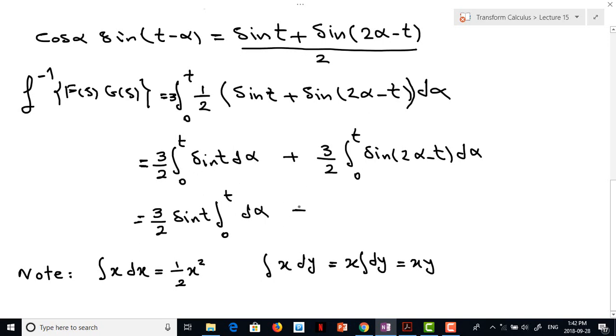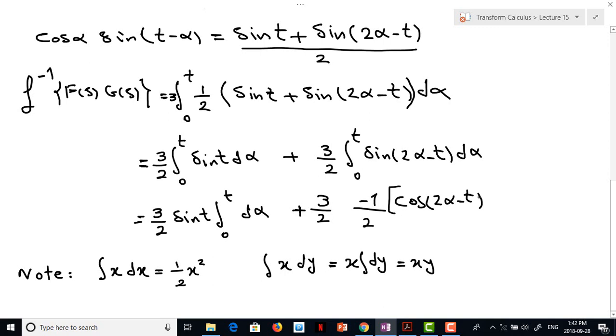So plus 3 over 2. What's the integral of sine (2 alpha minus t) d alpha? So here the variable of integration is alpha. It's minus 1 over 2 cosine (2 alpha minus t).